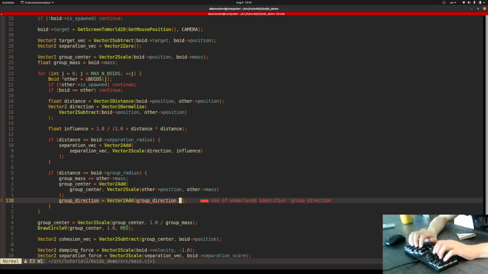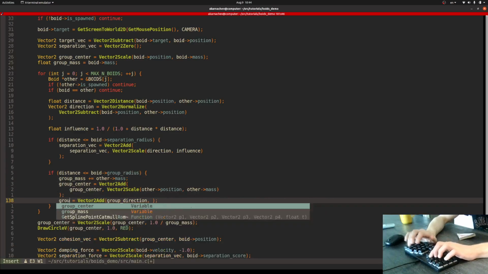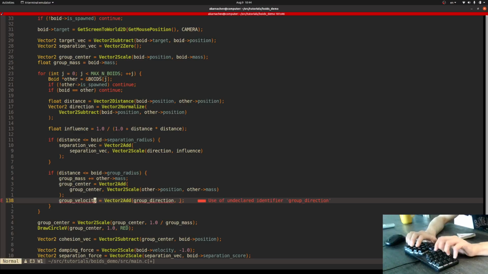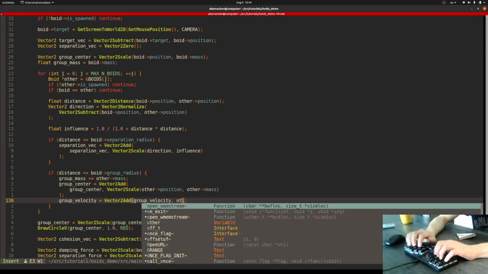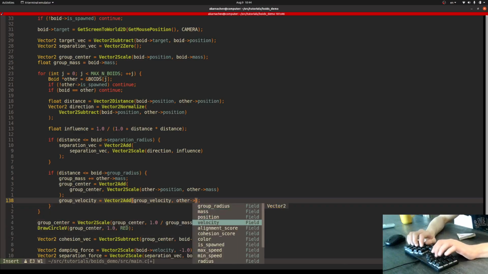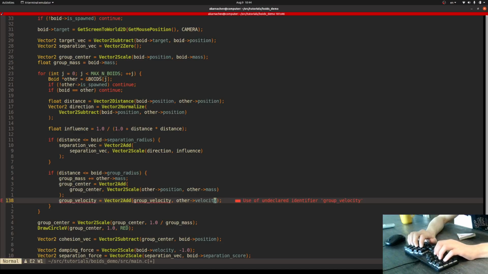Let me compute group velocity. And group velocity is just a summation of all velocities in this group.